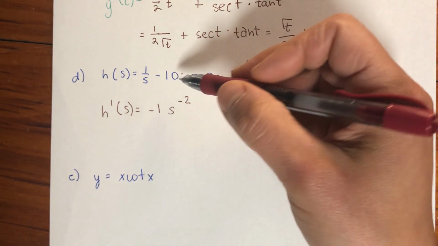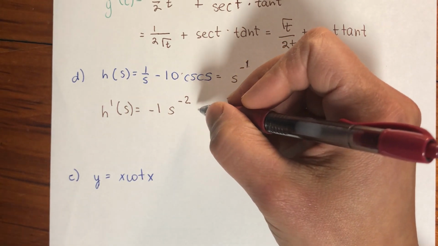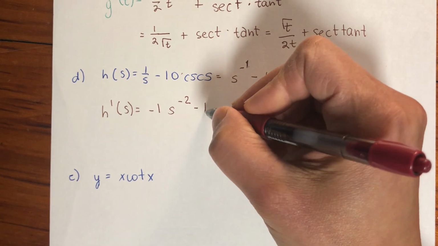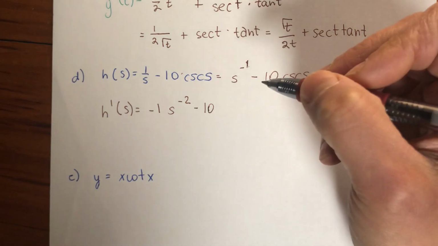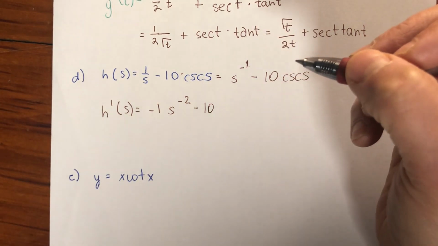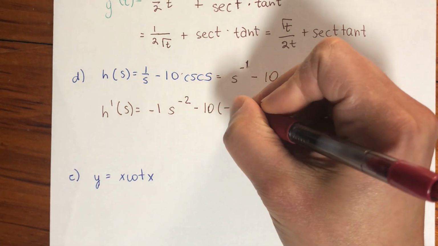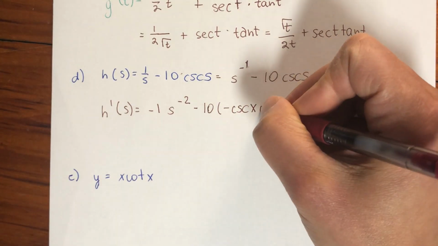Does this really matter? This is just a number. So this is going to give me minus 10, and the derivative of cosecant is negative cosecant of x cotangent of x.